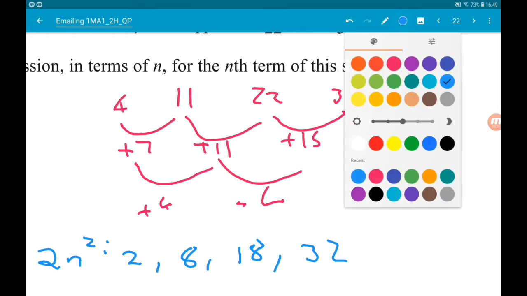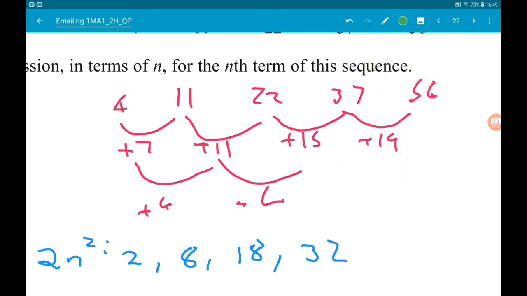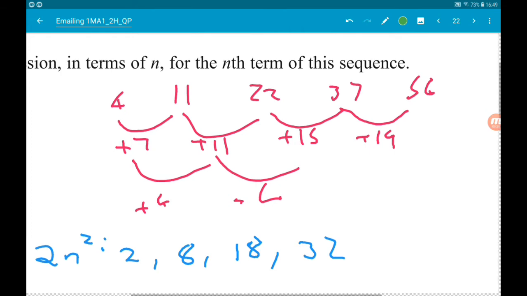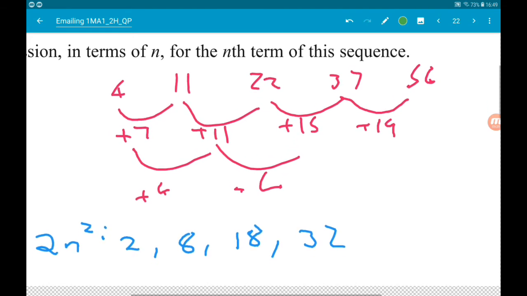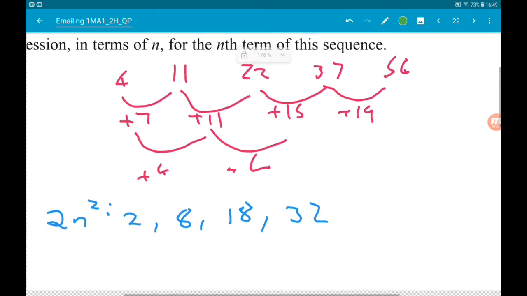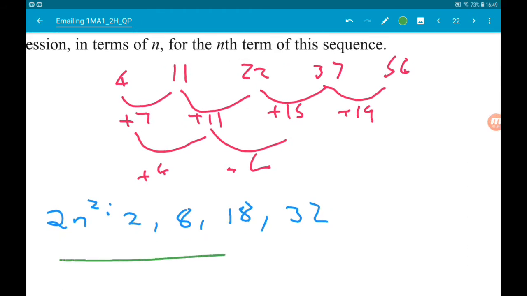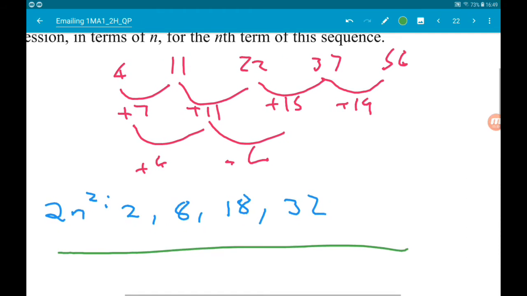So we are now doing 4 take away 2. So that's going to give us 2. 11 take away 8 is 3. 22 take away 18 is 4.